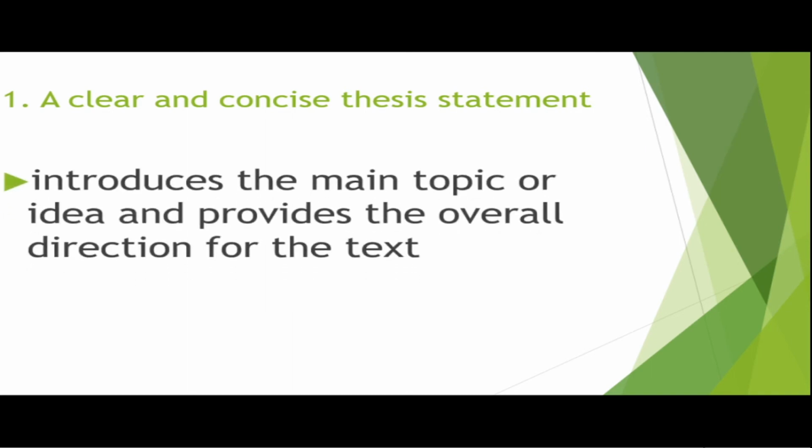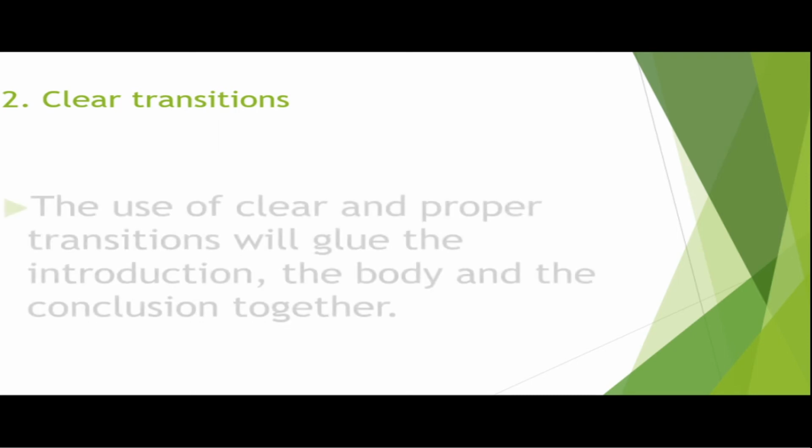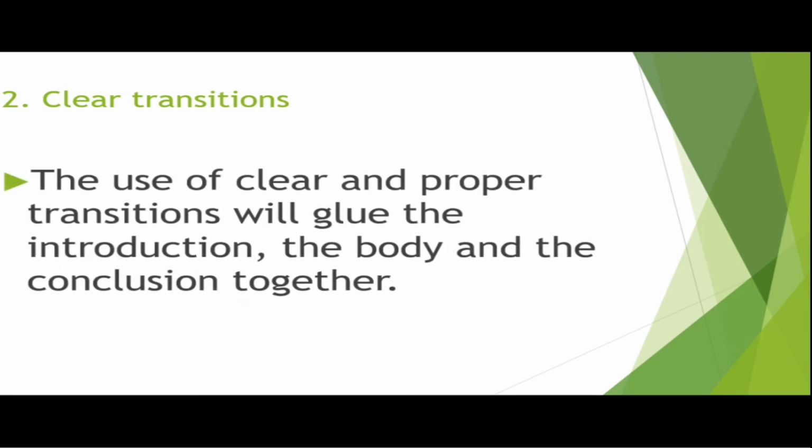Usually presented in the initial paragraph, the thesis statement introduces the main topic or idea and provides the overall direction for the text. Second, clear transitions. The use of clear and proper transitions will glue the introduction, the body, and the conclusion together. Without effective use of transitions, the exposition may seem like a disjointed collection of sentences.